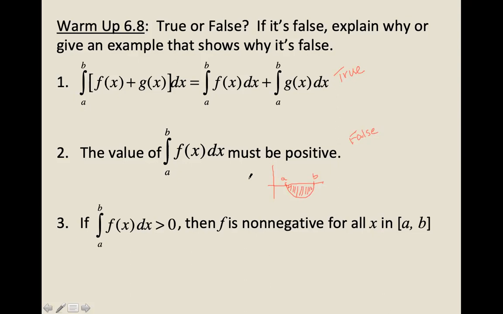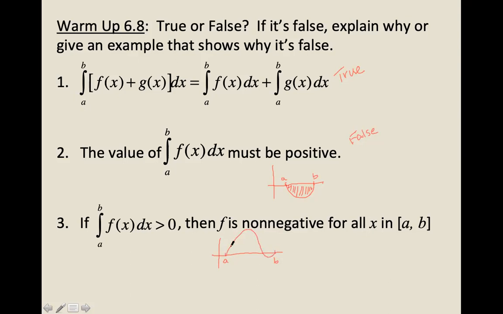On 3, it says if the integral from a to b of f of x dx is greater than 0, then the function is non-negative for all x in a, b. We've seen some of these as well. Let's just say this is A and this is B. We could certainly end up with a positive answer if we were trying to integrate something like this.